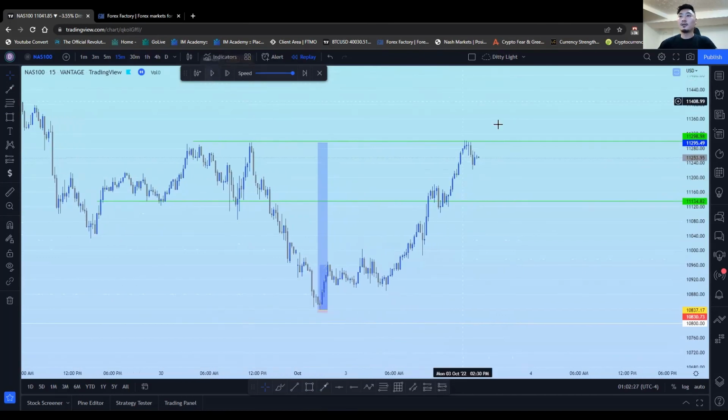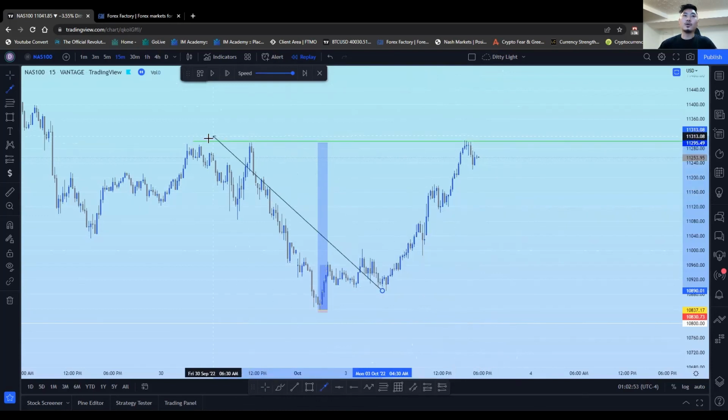Damn. See here, boom. Wow. So what happened is buyers are still pushing up again and again. So I'm just gonna remove this. So that's why it was really, really impulsive. So that's why I stayed, right? Because I saw the momentum to the upside. And then here, 4,000 pips.